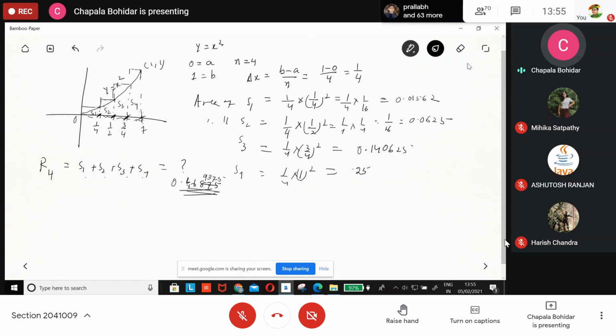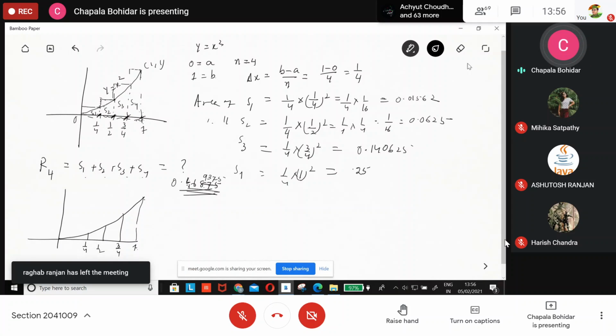Now, if the question is given to you, find the area of this curve by using the left end point. What will we do there? First I am drawing the figure. Divide 1 into 4 parts, same as before: 1 by 4, 1 by 2, 3 by 4, and 1, starting from 0.